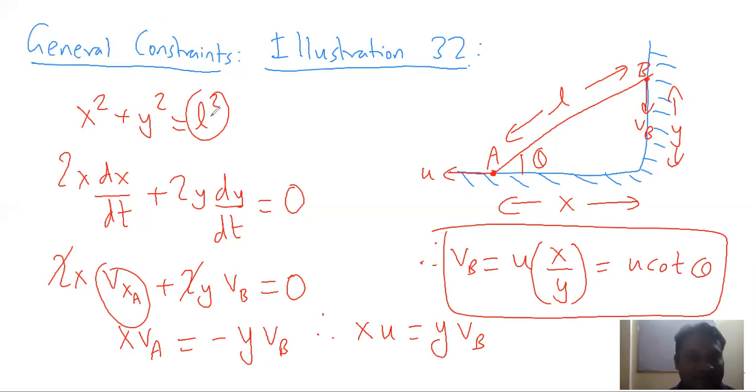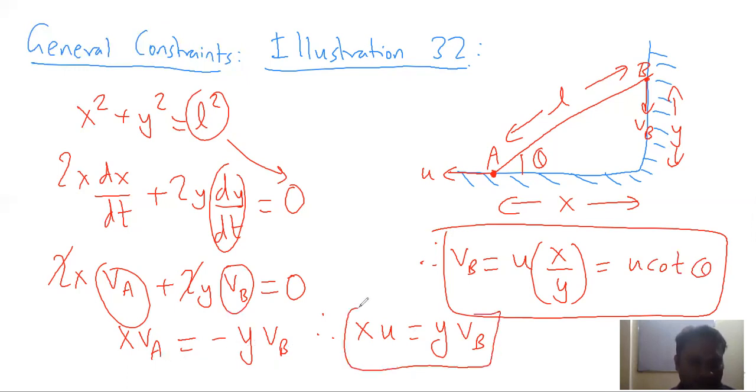X square plus y square is L square. Differentiating, 2x dx by dt plus 2y dy by dt equals the derivative of a constant, which is 0. Then dx by dt we can write as VA, because it is the velocity of point A in the horizontal direction. So 2x VA plus 2y dy by dt, which is VB. Now considering the magnitude, x VA is equal to y VB.